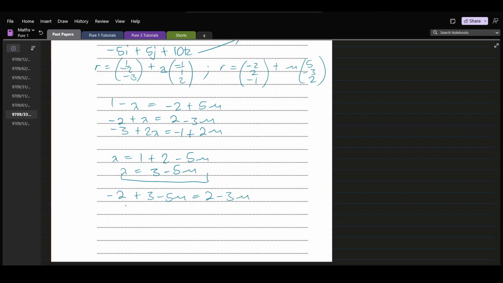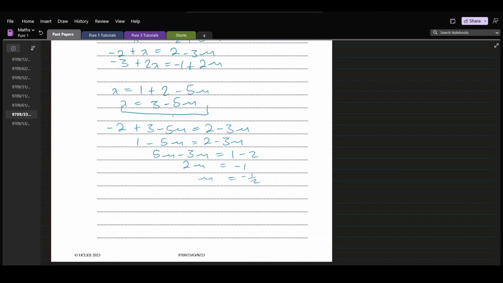So that's negative 2 plus 3, which gives us 1 minus 5 mu is equal to 2 minus 3 mu. Let's make mu the subject of the formula. So you end up with 5 mu minus 3 mu is equal to 1 minus 2. So 2 mu is equal to negative 1. Therefore, mu is equal to negative 1 over 2.